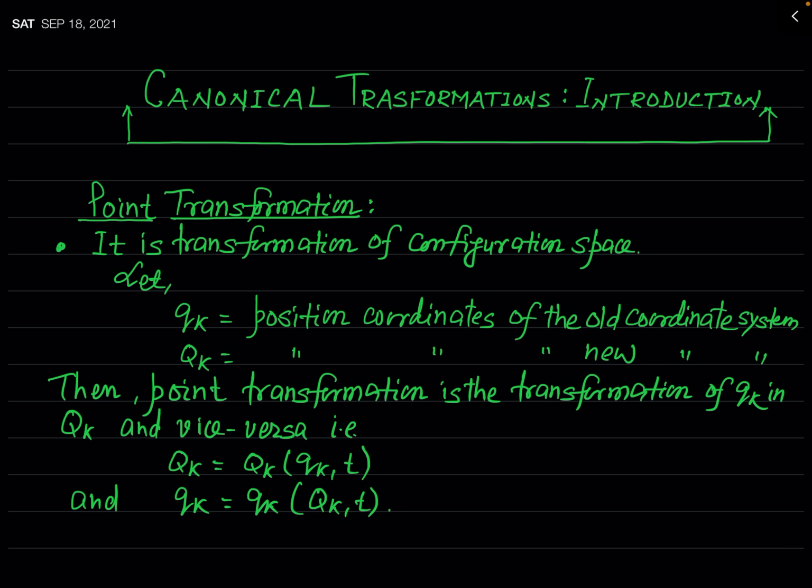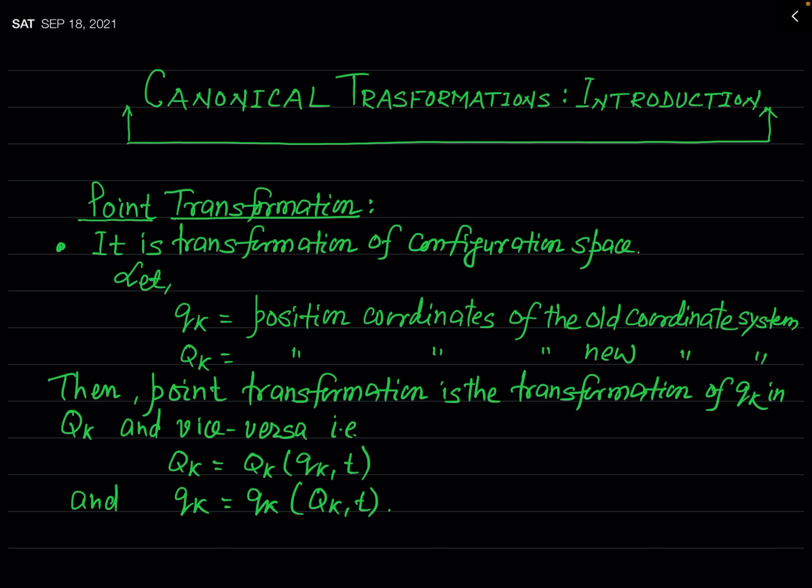So it becomes easier to discuss the motion of a particle in a central force field in plane polar coordinates. This is the reason that we transform coordinates from one coordinate system to another.